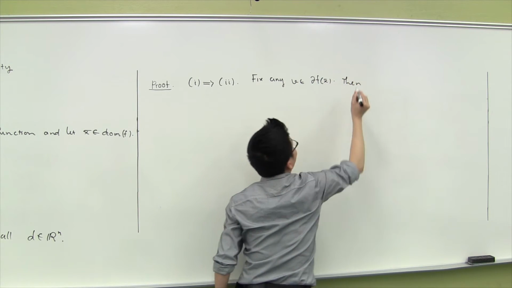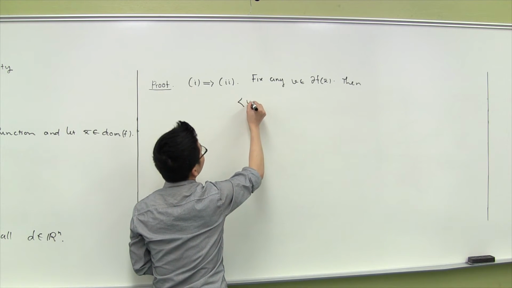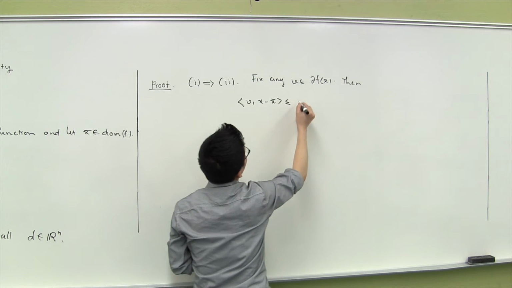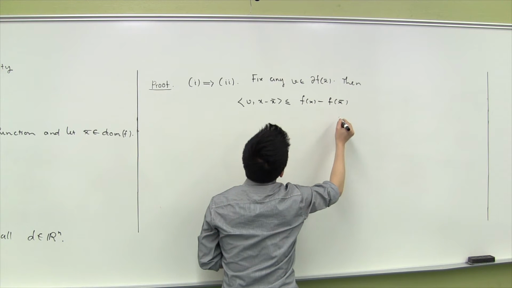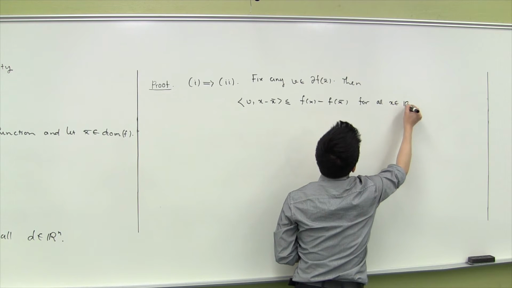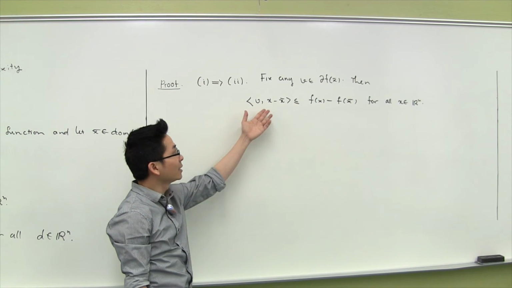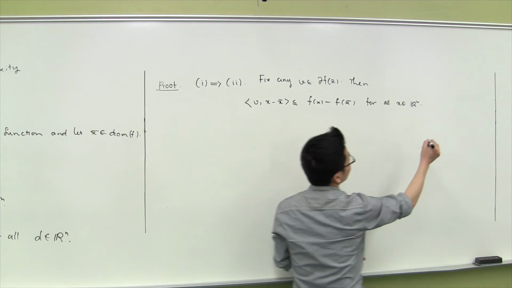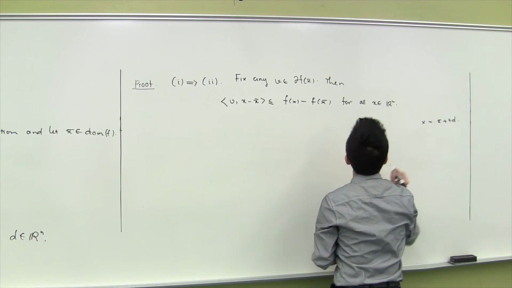Then, by the definition of the subdifferential, the inner product of v and x minus x bar is always less than or equal to f(x) minus f(x bar), and this is true for all x in R^n. Okay. Now, let us apply this inequality where x is replaced by x bar plus t times d.